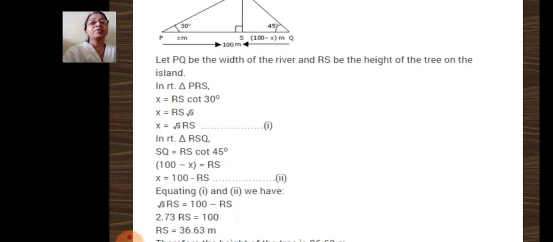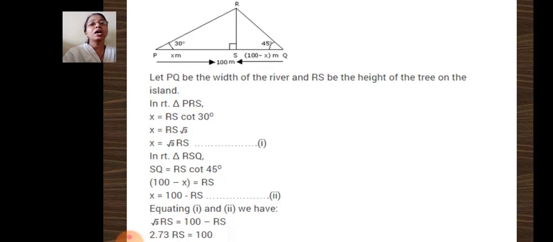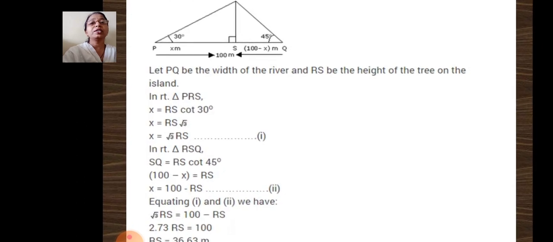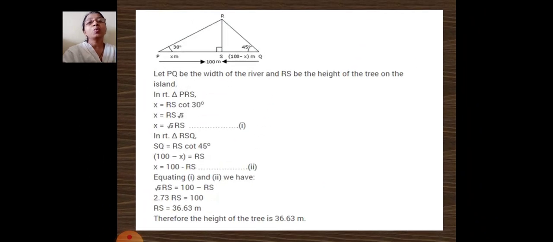So here I have taken cot of 30 degrees. Cot 30 is equal to adjacent upon opposite, that is x upon RS. Cross multiply, you will get x is equal to RS times cot 30. The value of cot 30 is root 3, so x is equal to RS root 3, as equation number 1.